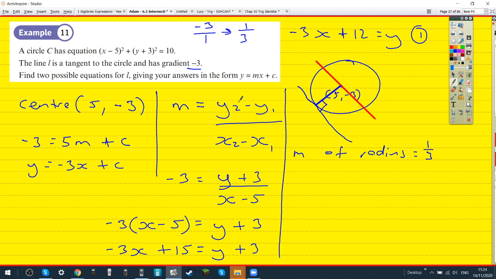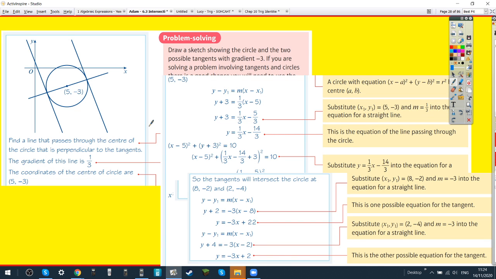Okay, what would be next? Hang on, I don't know. For L, which one is L? The tangent is L. So the coordinates of the center are 5, minus 3.